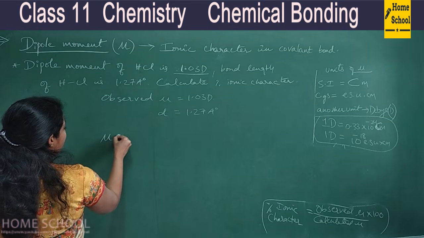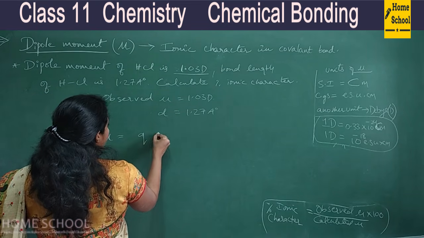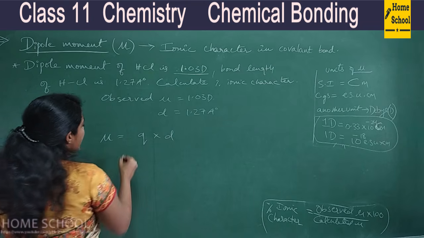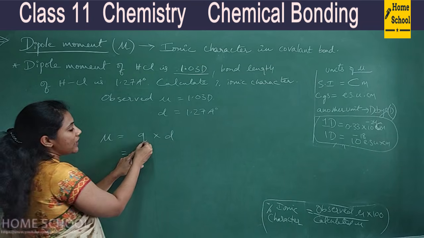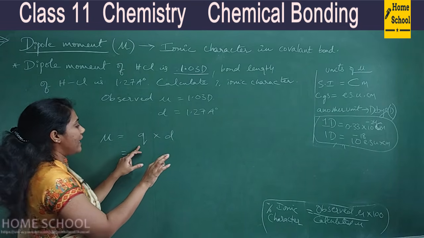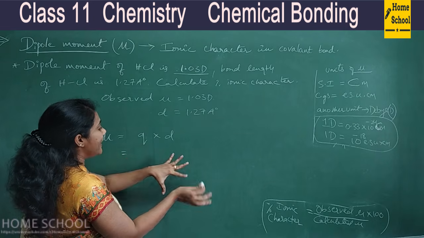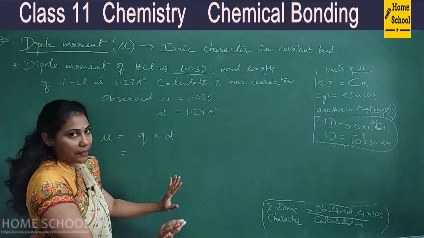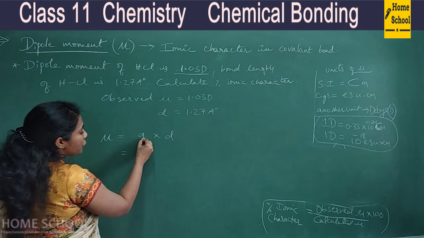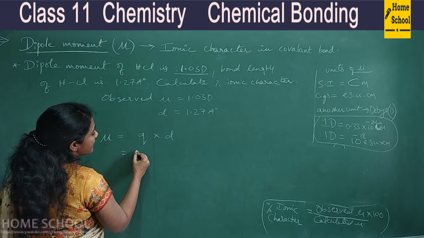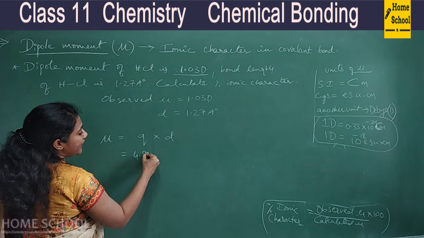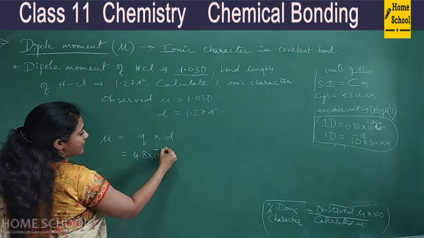So how do you calculate dipole moment? It is charge into distance, isn't it? So what is the charge here in ESU centimeter? Let us calculate, in ESU centimeter units I am calculating. So charge value in ESU centimeter is how much? 4.8 into 10 power minus 10.